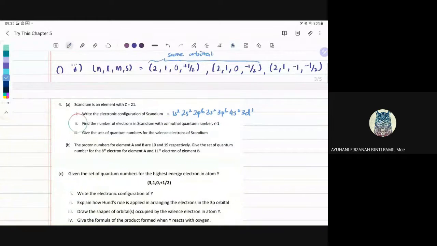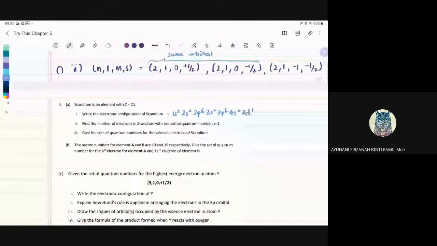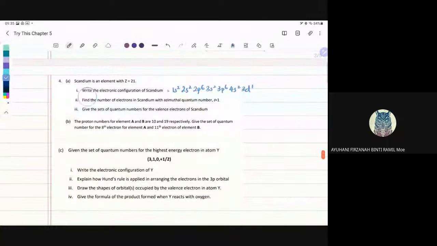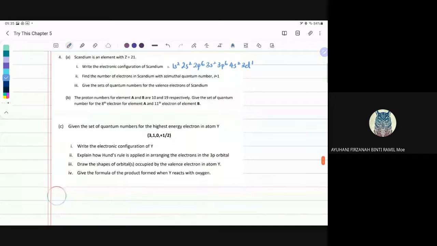Jadi, untuk soalan part 2 ni, dia lagi senang kalau kita buat electronic configuration ni dalam bentuk orbital diagram. So, for the sake of answering question 4A2, kita buat dalam bentuk orbital diagram.